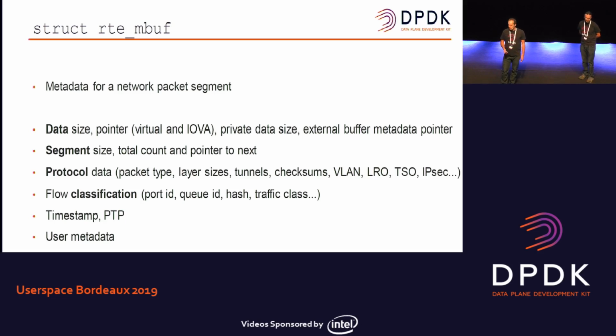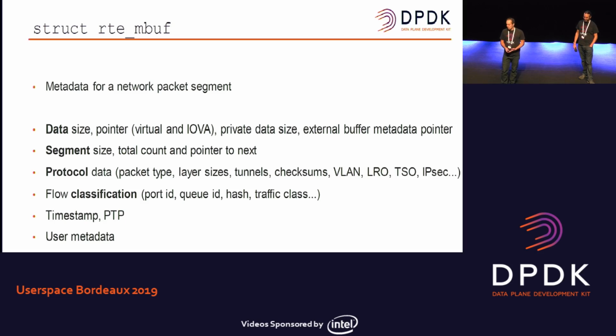You have the usual things for a packet, so the data, actually not the data itself, but the metadata: the pointer to the data, the size of the data, even a pointer to an external buffer, also information about some private data. I will come to it later. You have also all the information for the segment, its size, how many segments you have, etc.